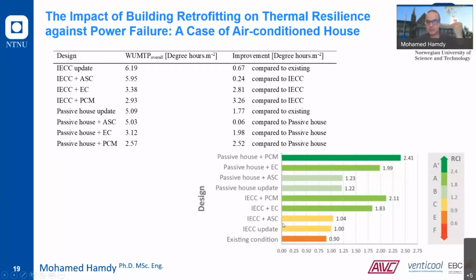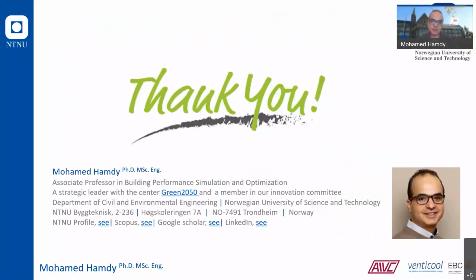As expected, a passive house with phase change material has more resilience than, for example, a traditional building without phase change material. So the indicator succeeded in quantifying the resilience of different designs as expected.